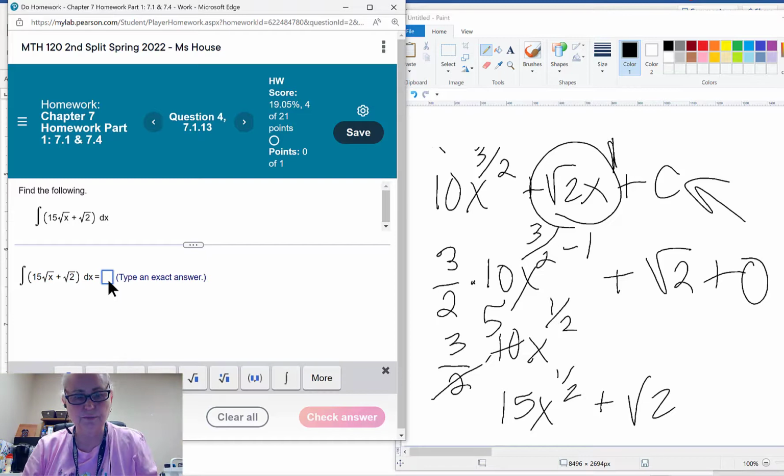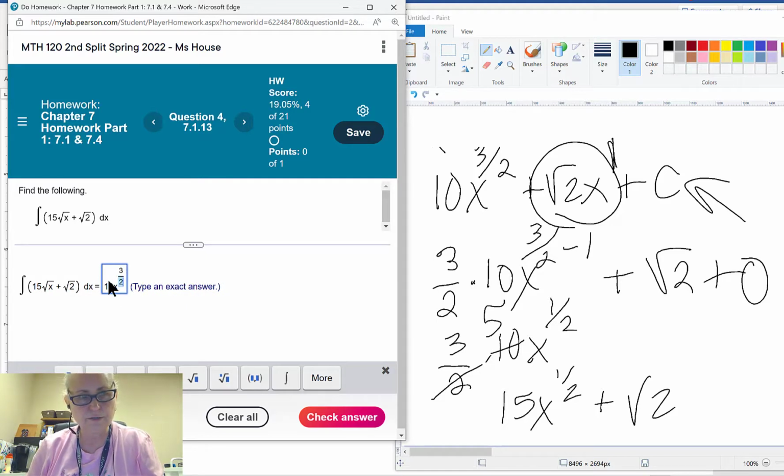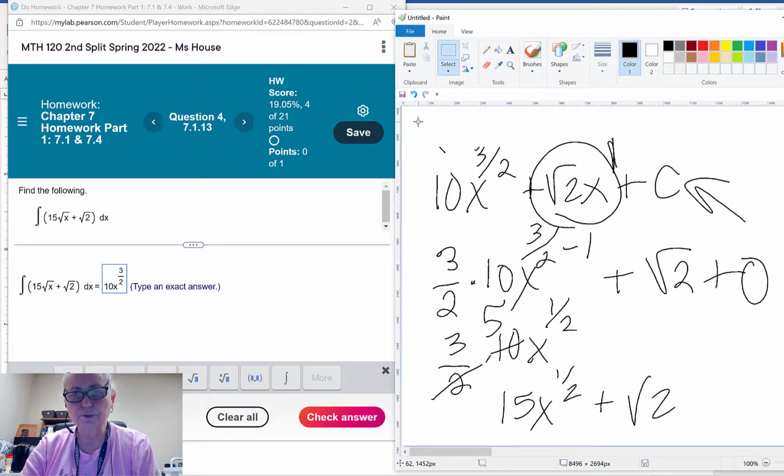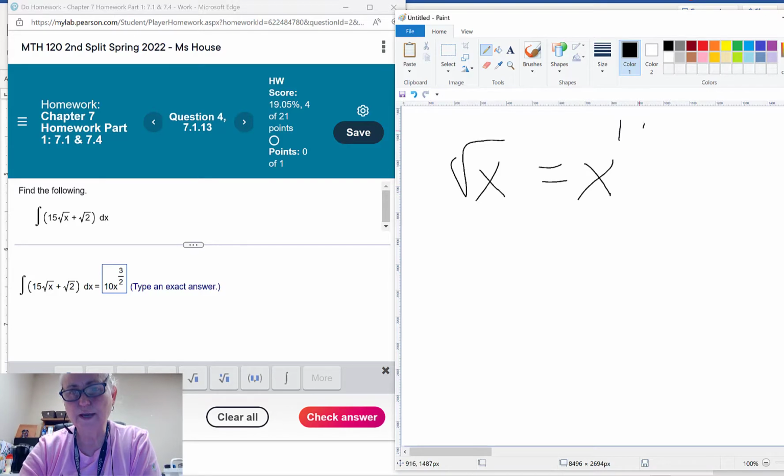So the fractions can be a little bit tedious, but use your calculator to do that. Plus, you're going to get the square root of x all the time.